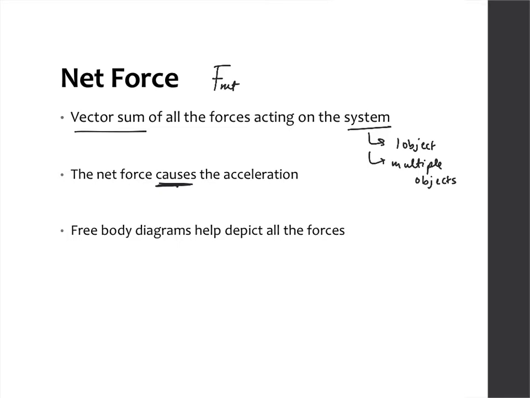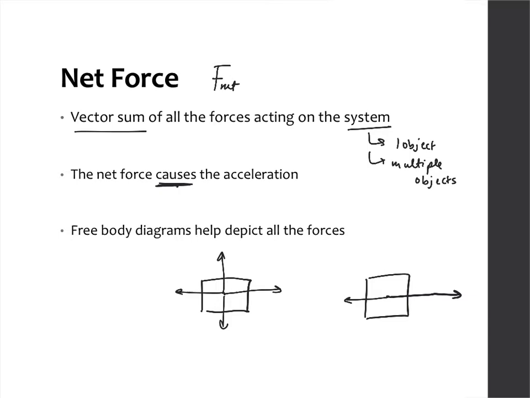Okay, and when you have multiple forces in play, it's useful to use what we call free body diagrams, which is essentially you're drawing and representing the object as a box, and you're just drawing all these vector arrows to represent the different forces. Something like here, here, here, and etc. And so when we say vector sum, that means when you have 2 forces acting in opposite directions, you need to take into account the differences in these directions.